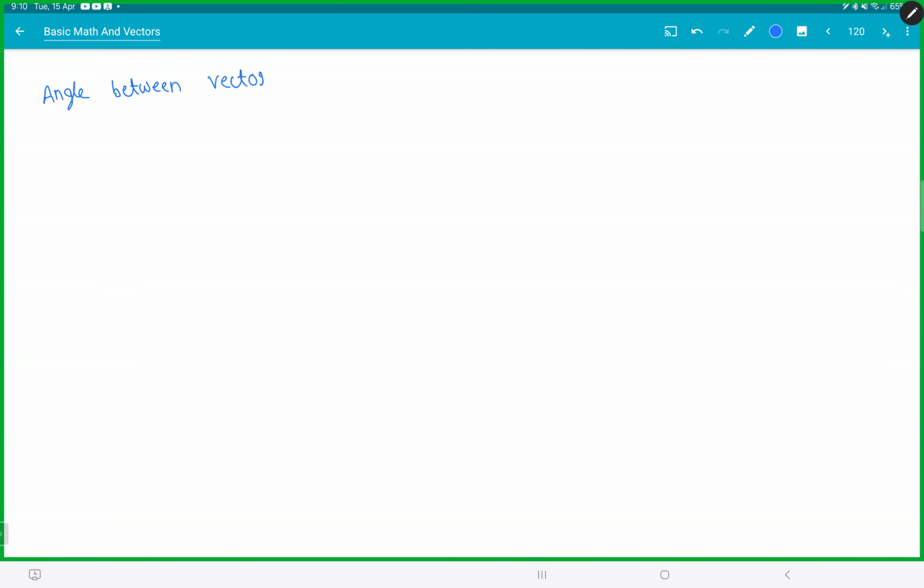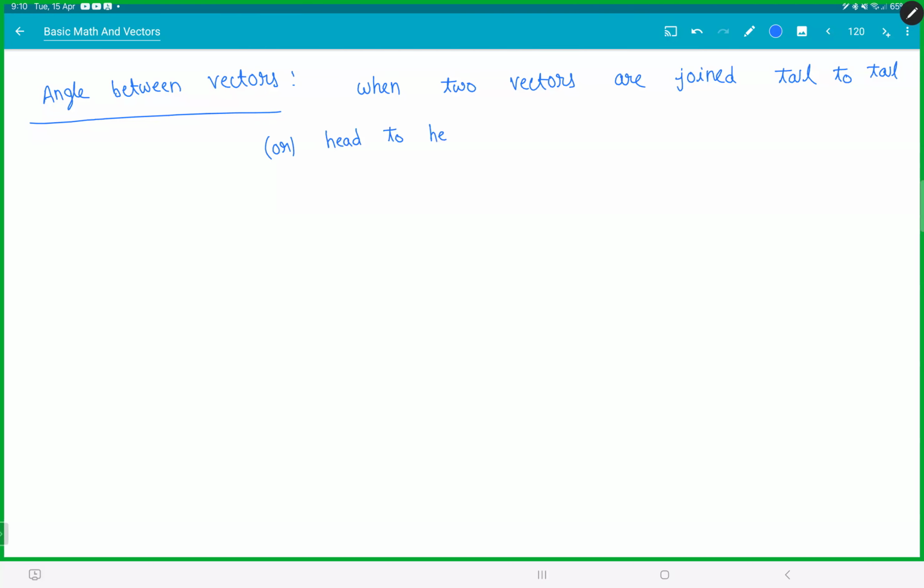This is an important one. People do get confused. So again, we have to define this. When two vectors are joined tail to tail, or head to head, the smaller angle between them is the angle between the vectors.